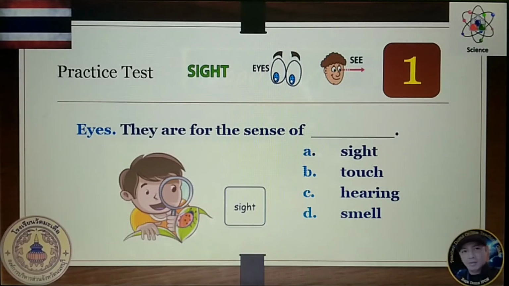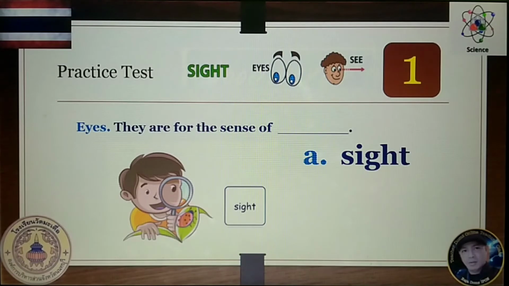Practice test 1. Eyes. They are for the sense of A, sight, B, touch, C, hearing, D, smell.